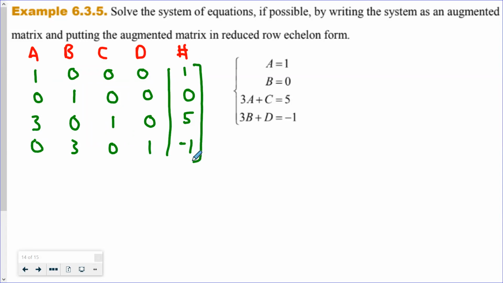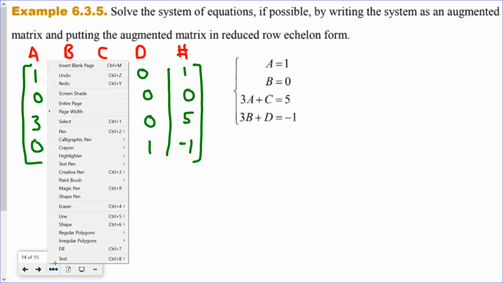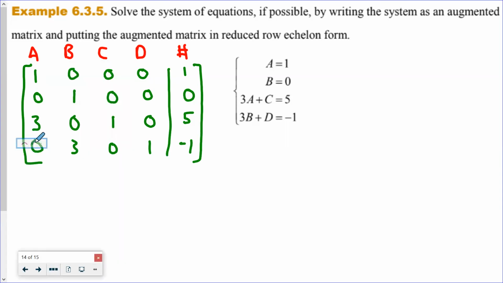So that's the first step, right? Just make sure you get it looking in the right steps. Now, as I go through this, let's look at the first column. I need to get rid of that 3. Using the steps that we've done before, I need a new row 3. The opposite of this 3 is -3, so let's do -3 times row 1 and add it with row 3.